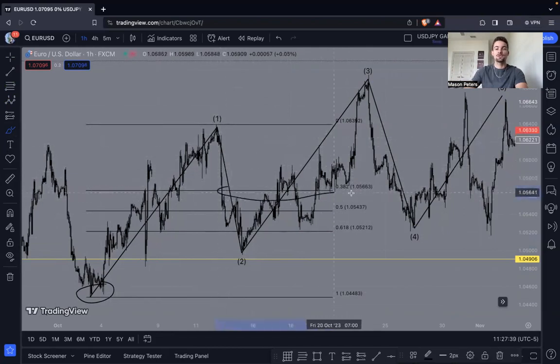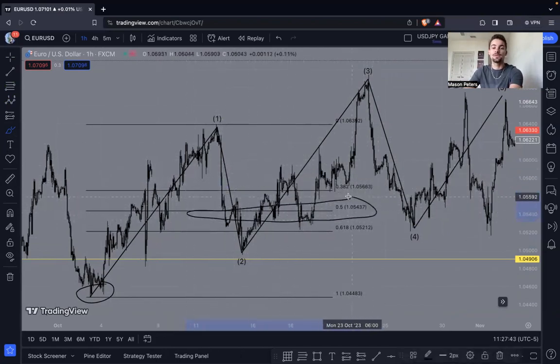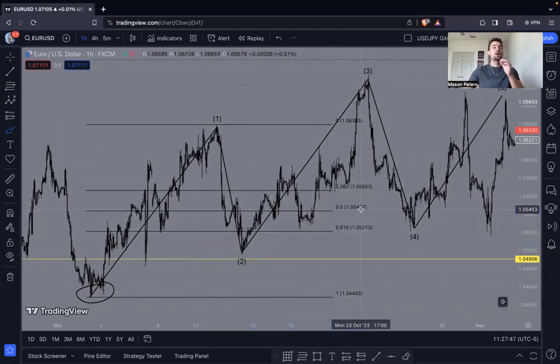At the 382, so 38% retracement, 50% retracement, or 618 retracement, right? The golden ratio is 61.8. That is the ratio at which, within patterns, scientists have discovered the 61.8% ratio appears more than any other ratio out there. 61.8% is the golden ratio.